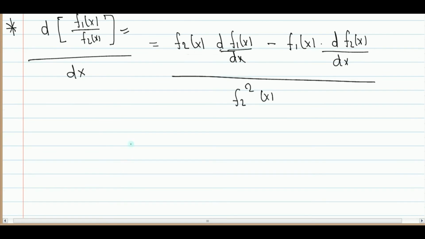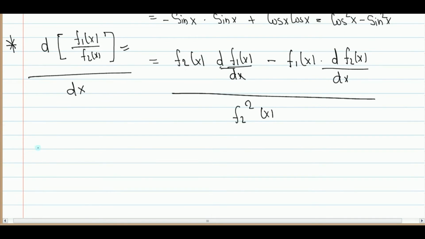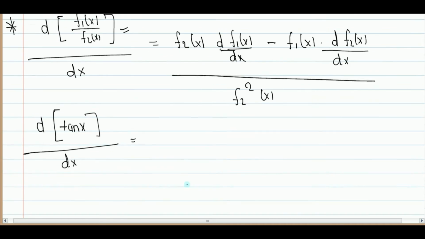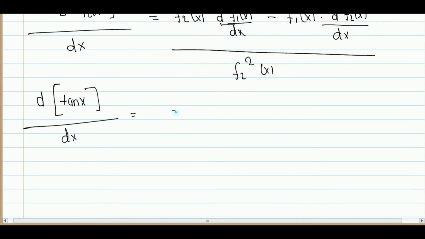So how are we going to implement this formula? Let's say we have to find the differentiation of tan x with respect to x. How are we going to proceed? We can write tan x as sin x divided by cos x.